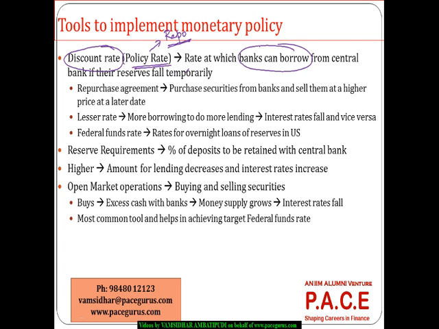Now, the central bank can either increase that rate or decrease that rate. If it is increasing the rate at which the banks can borrow from the central bank, obviously banks will reduce borrowing; unless it is really essential, they don't get into the borrowing process. Because of this, the money supply in the market is going to go down, which means they cannot lend either.